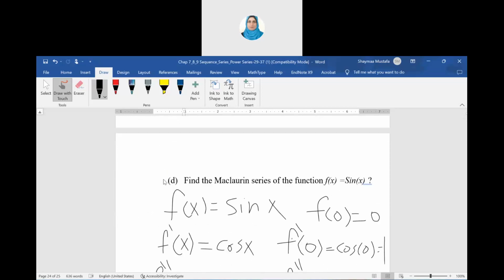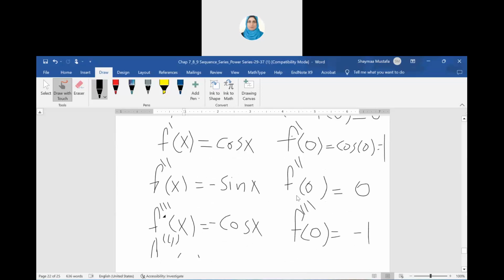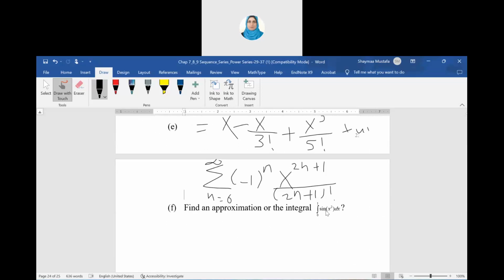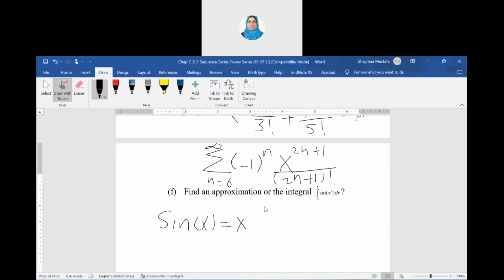Okay, now we need to use this Maclaurin series of sine x to find the integral of sine x squared. From here, sine x is equal to x minus x cubed over 3 factorial plus x to the power 5 over 5 factorial minus x to the power 7 over 7 factorial, and so on.